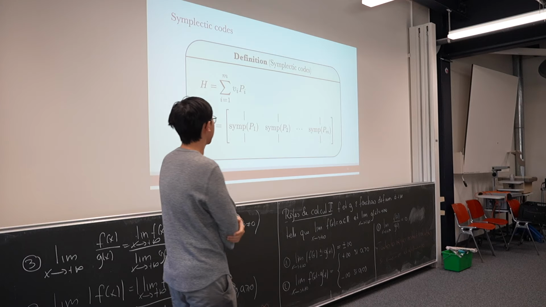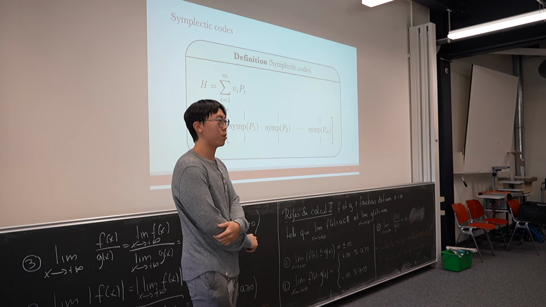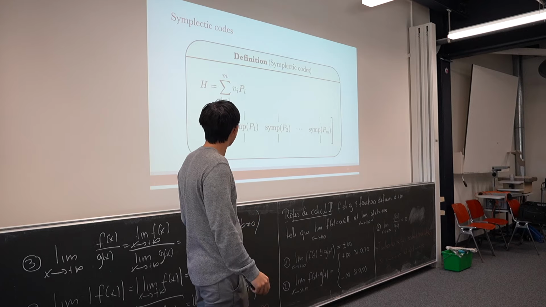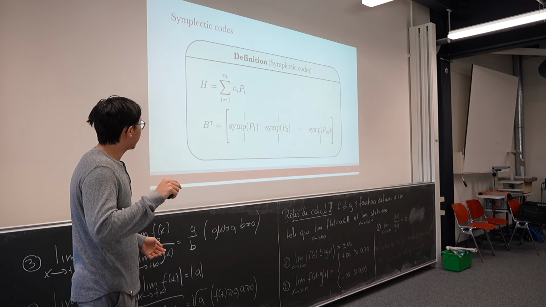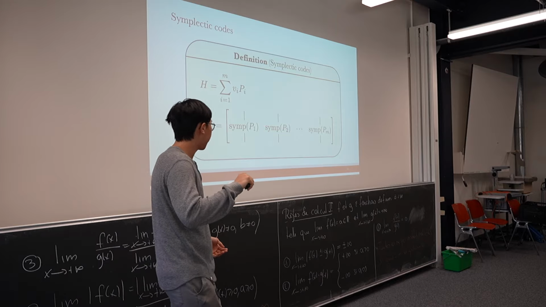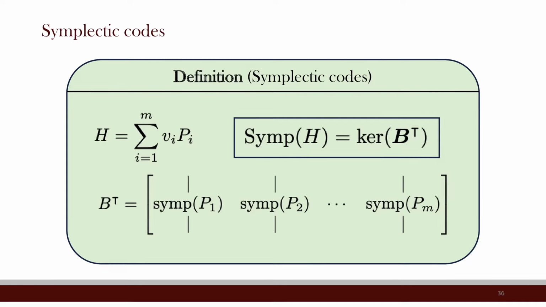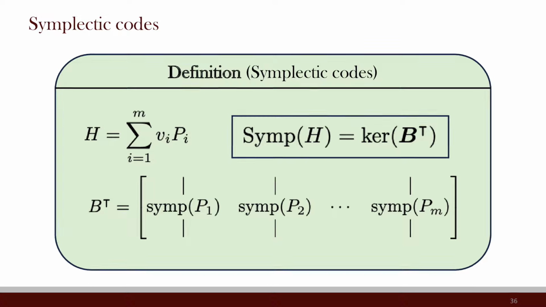Now I will define to you a symplectic code, which turns out to be the code that we need to decode in order to make HDQI work. Remember that H here is a sum of signed Paulis, and for each Pauli, we can write it in the symplectic representation as simp of p_i. This is going to be some 2n bit long string. Now I'm just going to stack all these strings.